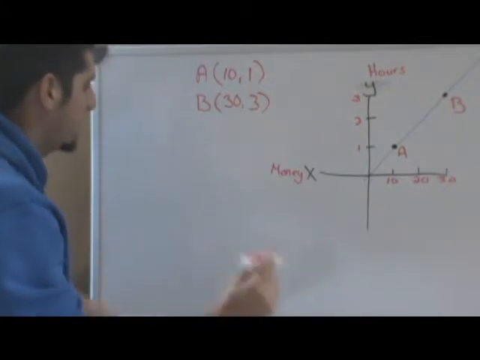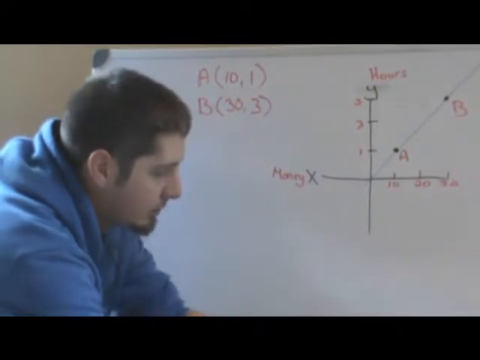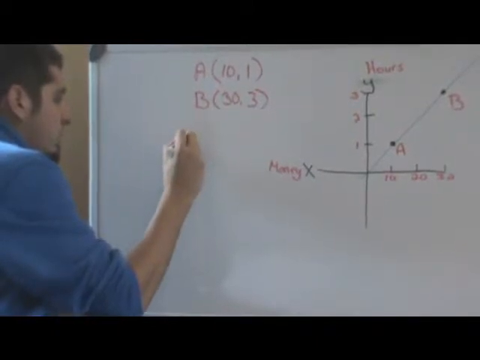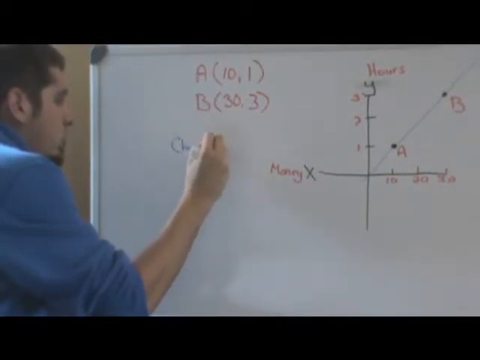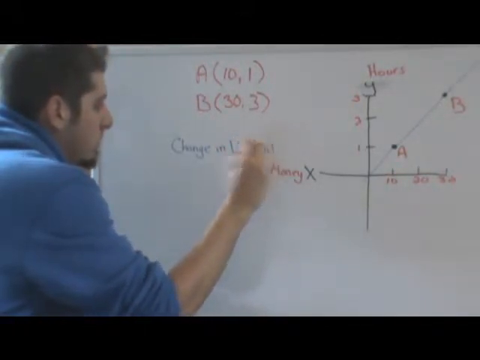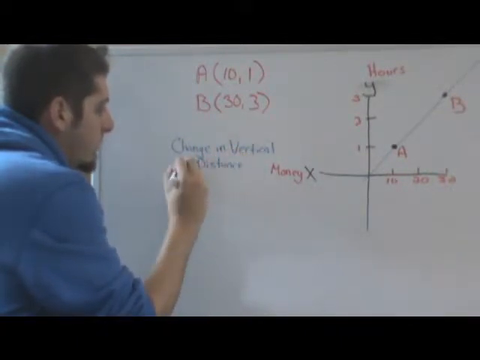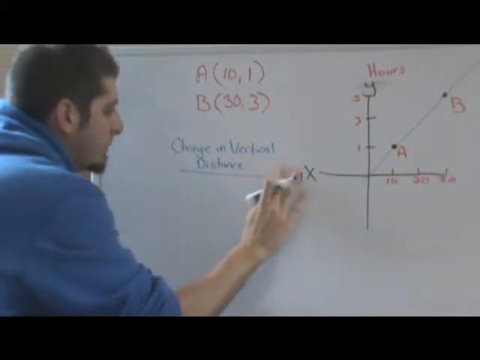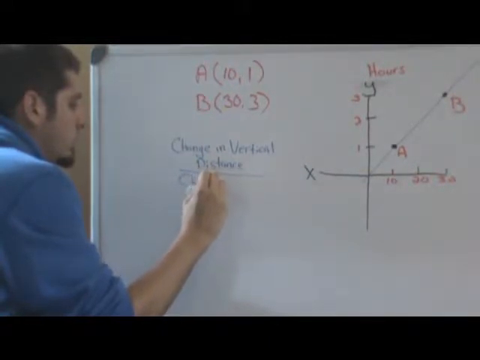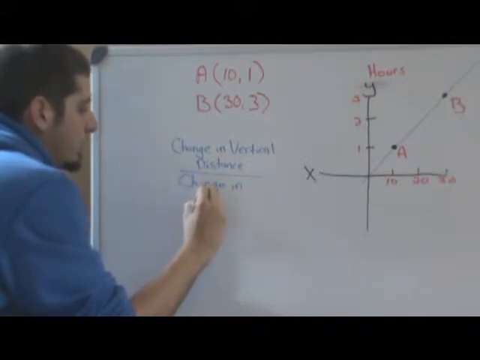So the formula for finding rate of change, as I've mentioned previously, is the change in vertical distance over the change in horizontal distance.